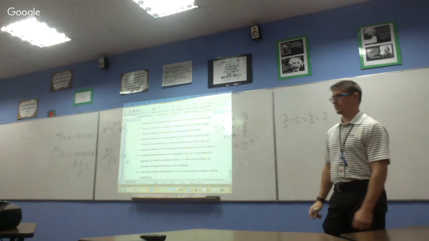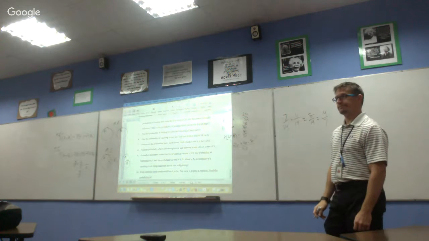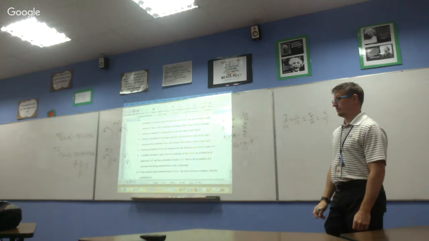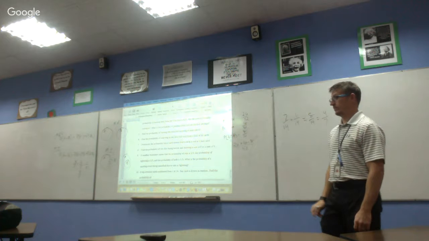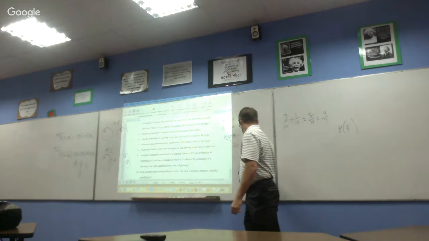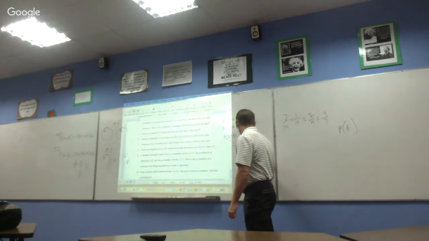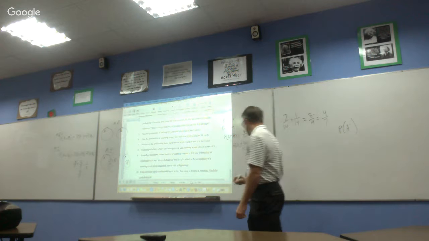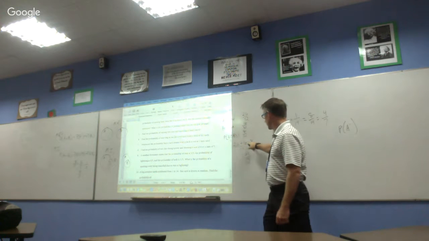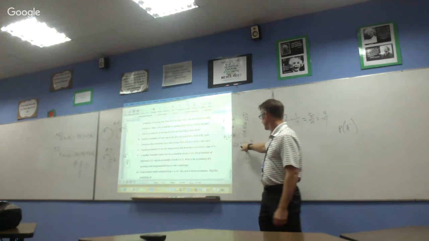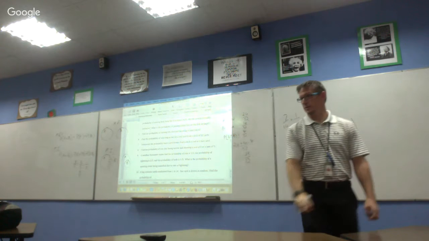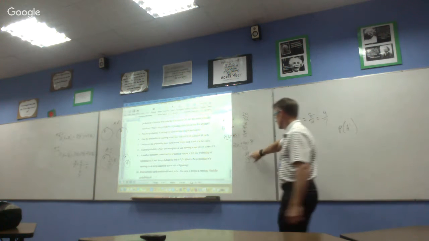What's 26 plus 16? 42. 42 minus 8. Sorry, 34. 16 minus 8 is 8. 26 and 8 is 34.